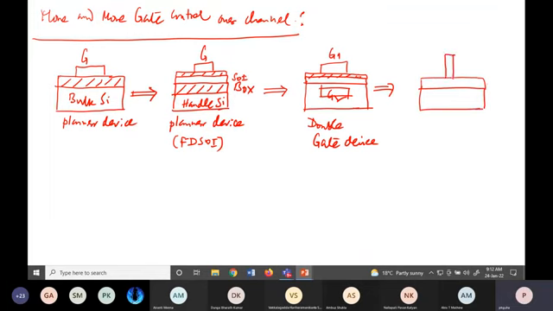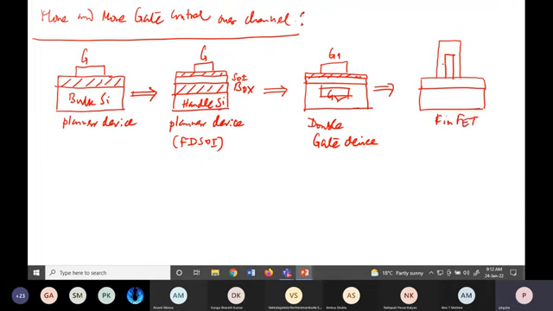So this is my fin. Basically we have rotated it 90 degrees. And this is my gate, and this is my fin. This is known as FinFET.